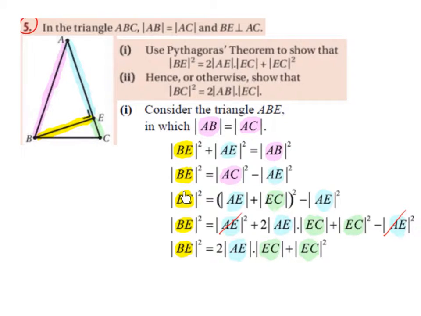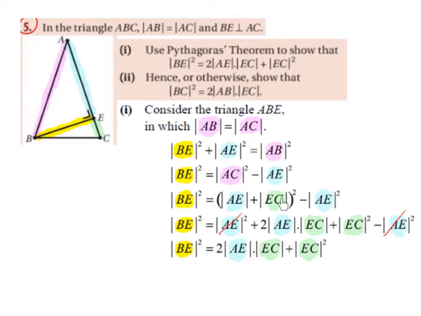So we've got BE squared is equal to AE plus EC squared minus AE squared. Then we multiply out AE plus EC squared. We're going to have AE squared plus 2 times AE times EC plus EC squared. And then we bring down the minus AE squared.